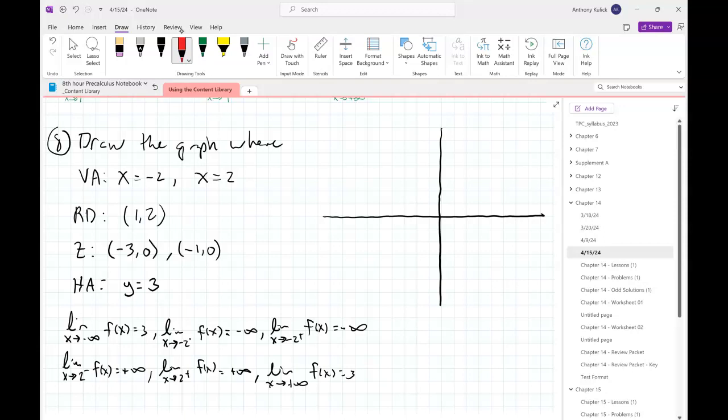Okay, so when I'm doing a question like this, what part do I start with? I would not start with the limits. I would start with the asymptotes. So the first thing that I want to draw in are the vertical and or horizontal asymptotes.